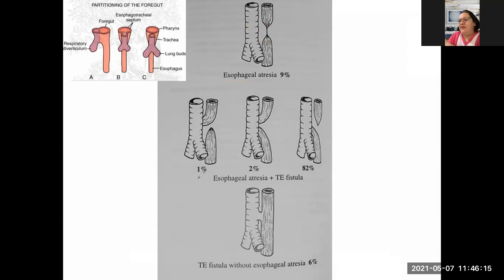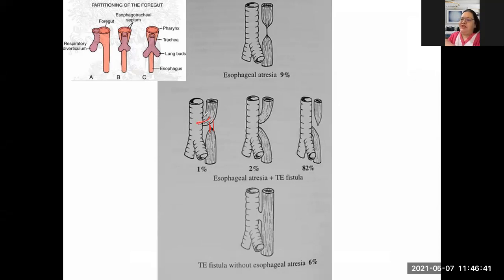And then here you have esophageal atresia. So here, again, a form of esophageal atresia. The esophagus did not form properly. It did not connect with the upper portion of the esophagus. Instead, the upper portion of the esophagus connected with the trachea.